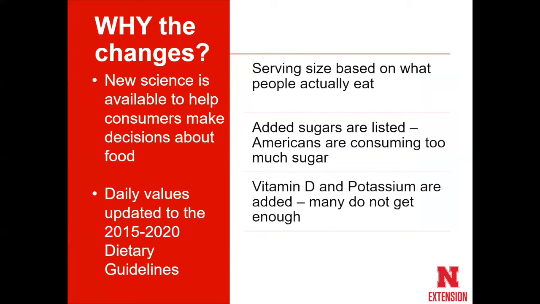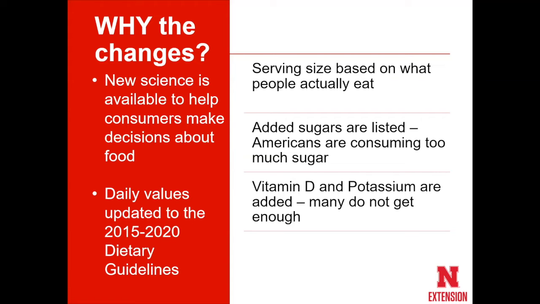So why did they make the changes? The serving sizes are based on what serving sizes people actually eat. They do a survey, and there were some changes that were pretty evident that were not realistic based on what people were actually consuming. Added sugars were also listed because, from nutrition surveys, they found that Americans are consuming too much added sugars in their diet.